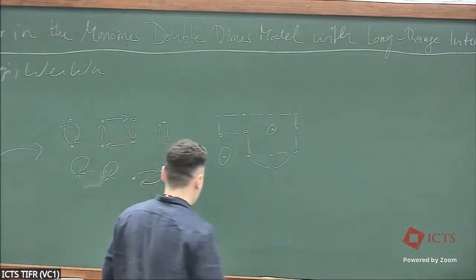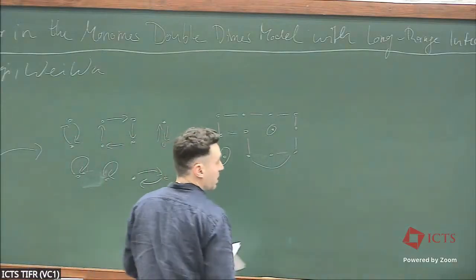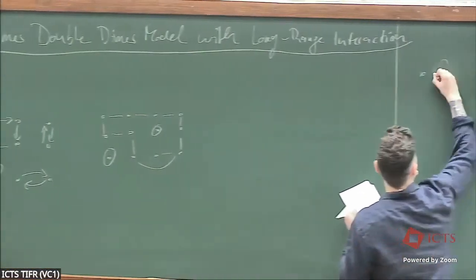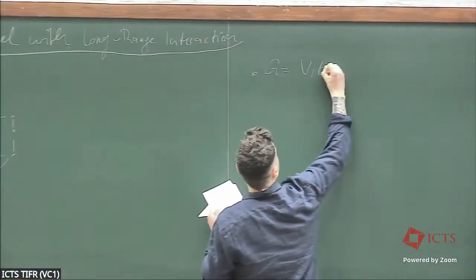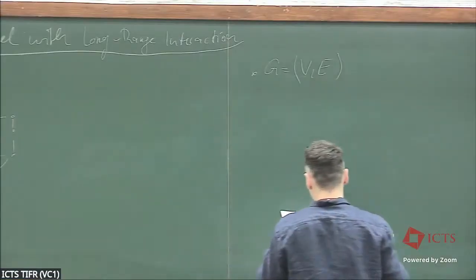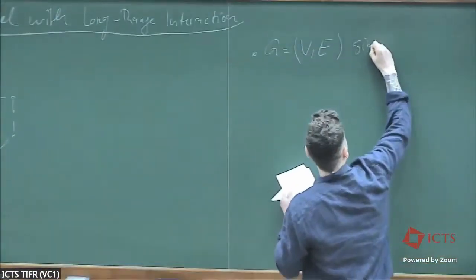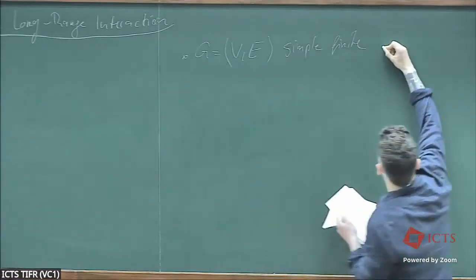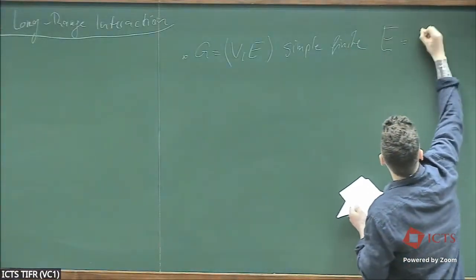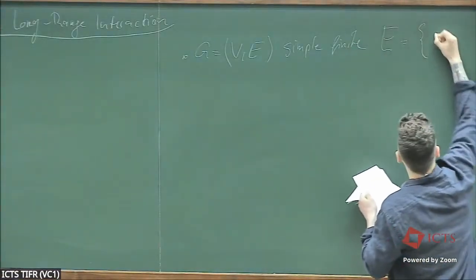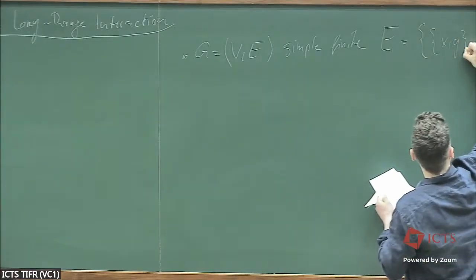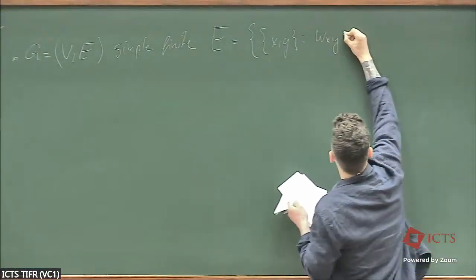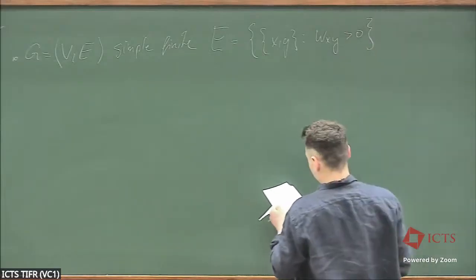And now let's be a bit more precise. So we start with a simple finite graph G with vertex set V and edge set E. And this is simple and finite. And the edge set E is such that we have xy, such that there's a positive weight function, w_xy, which is positive.